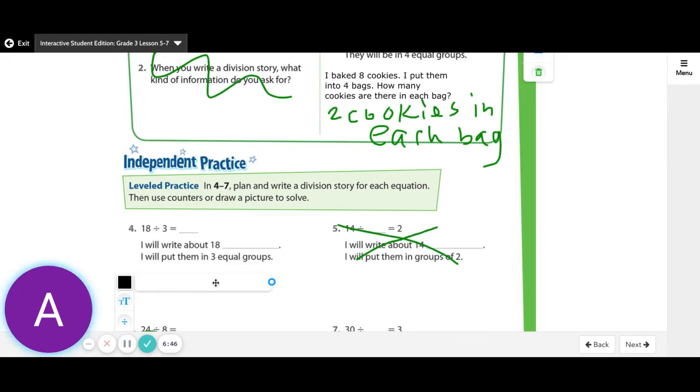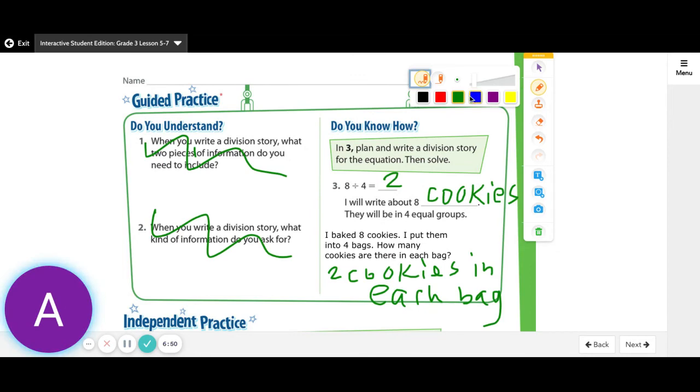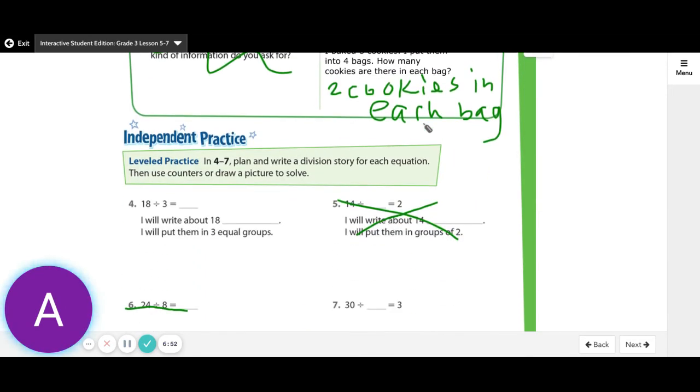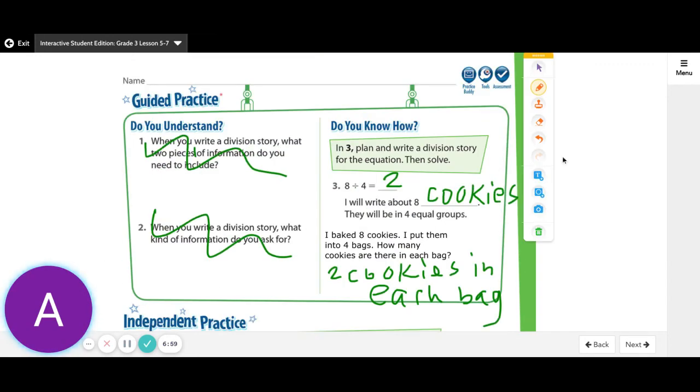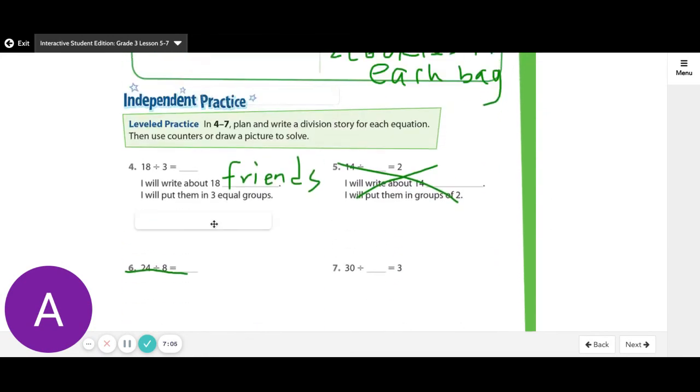18 divided by 3. I will write about 18 something, and I will put them into 3 equal groups. This one, maybe we could write about friends. So there are 18 friends. They are being put into 3 equal groups.